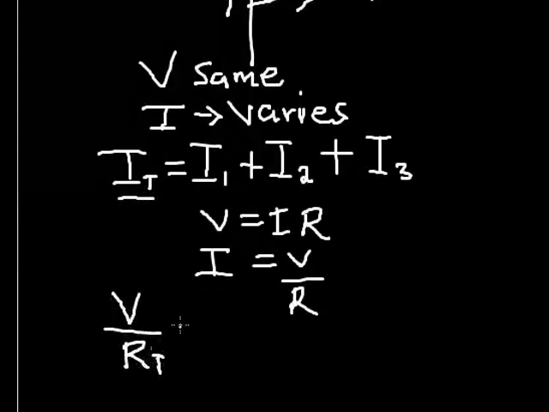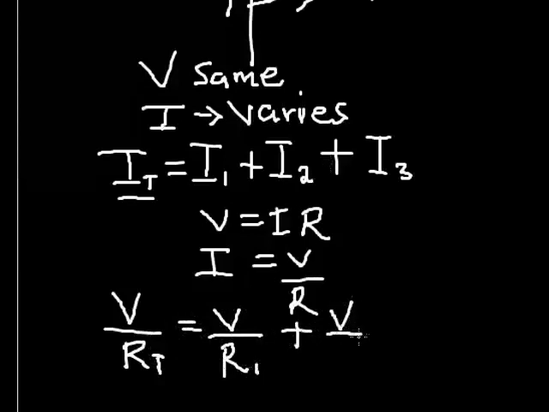Now for I1, the same V all over R1. For I2, V all over R2. Then for I3, V all over R3.